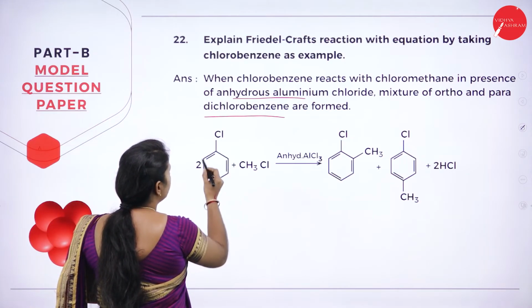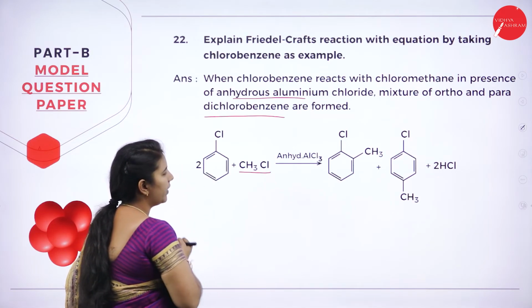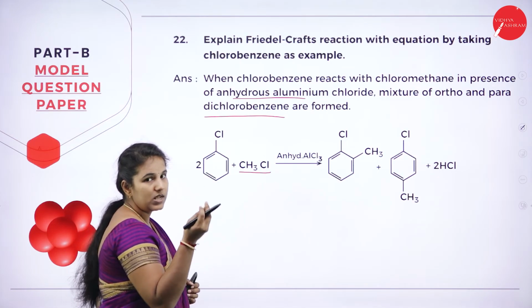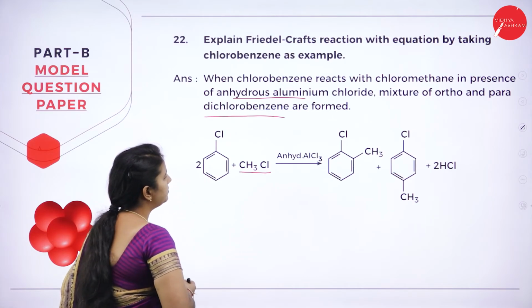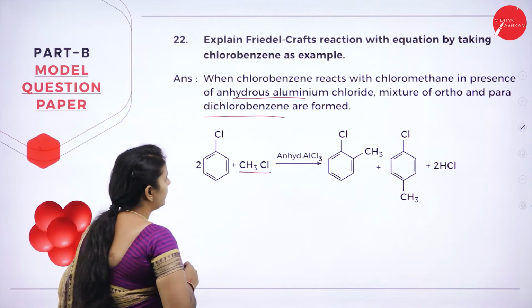Chlorobenzene means just write the benzene ring with a chlorine, which is allowed to react with methyl chloride, which is an alkyl halide. In presence of anhydrous aluminium chloride, what will happen?